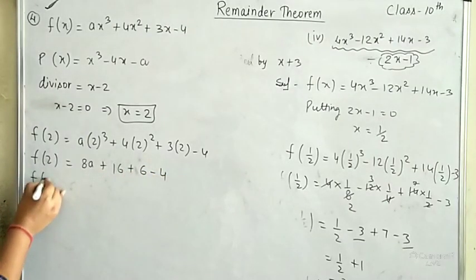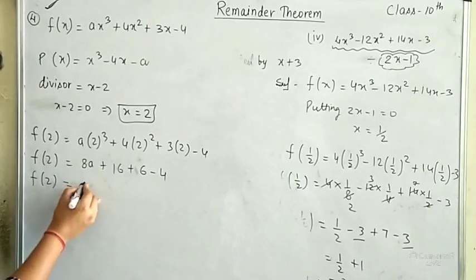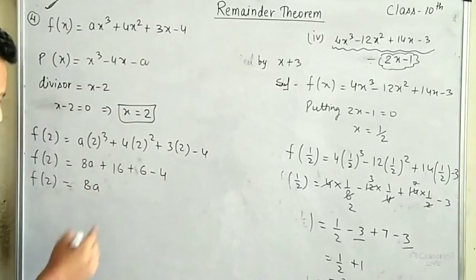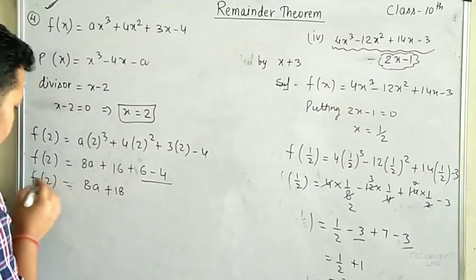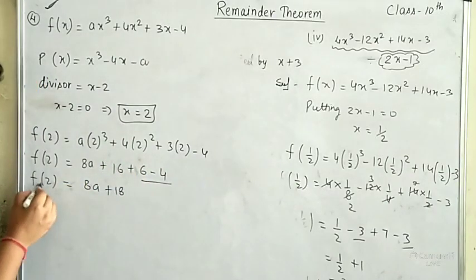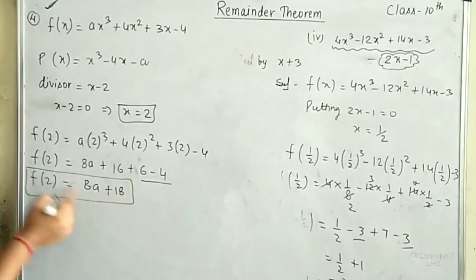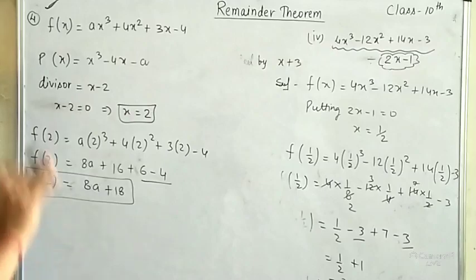So then what will be our remainder? This is in terms of a. So 8a, then 16 plus 6 minus 4 is 2, and 16 plus 2 is 18. So 8a plus 18 is our remainder. In the first case we cannot solve it further because the remainder has the variable a coming in it, so we can keep only this.